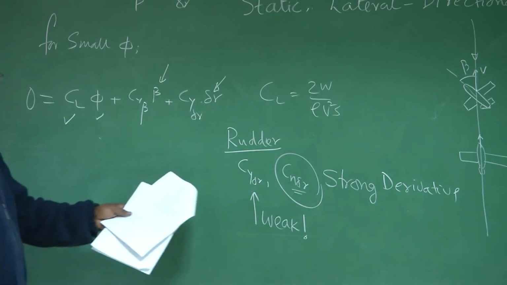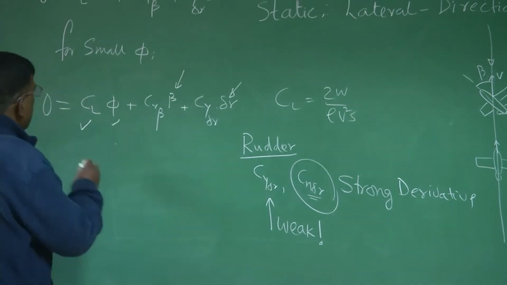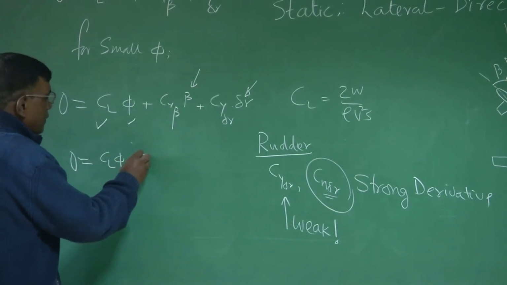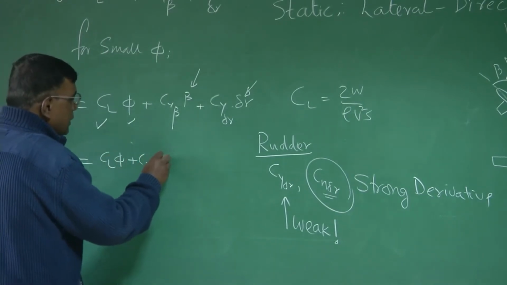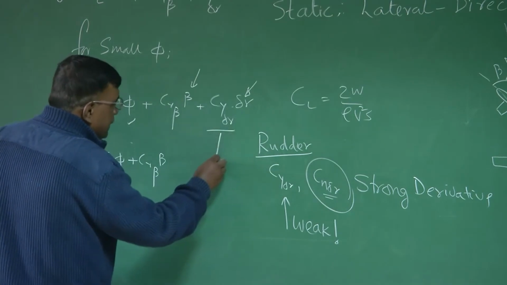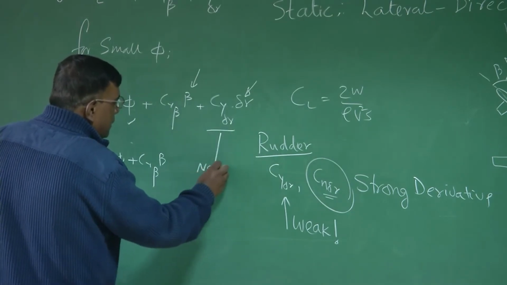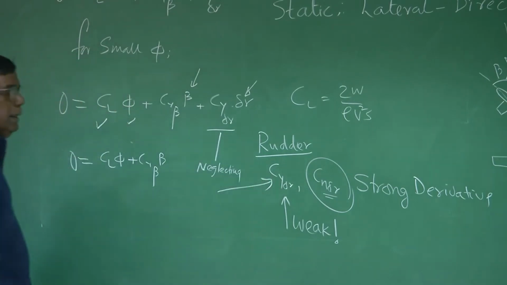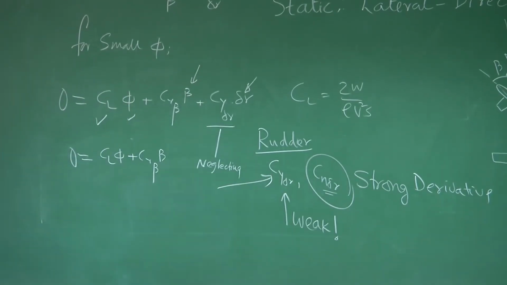So if I again do this slight approximation, then what do I get? I get 0 equal to CL phi plus Cy beta into beta, and this term I am neglecting. Under this assumption, this is an approximation, a quick approximation.